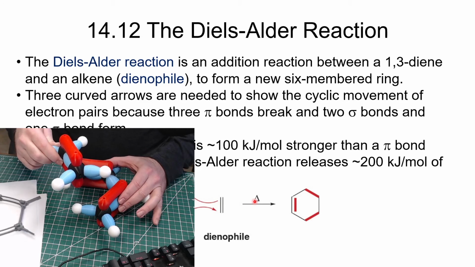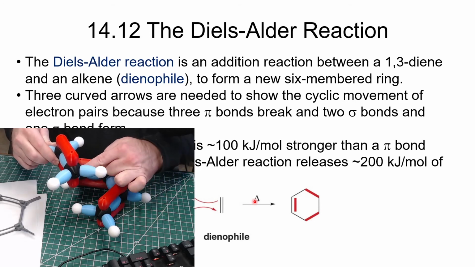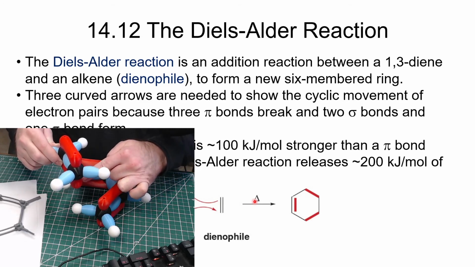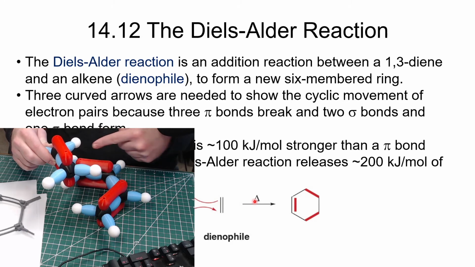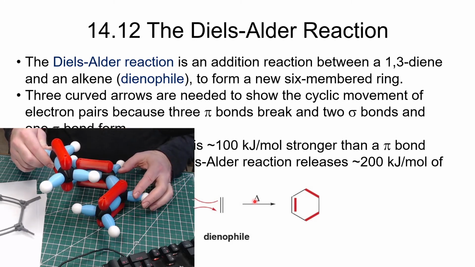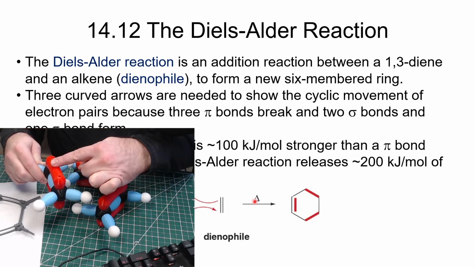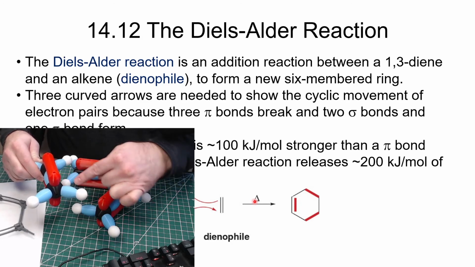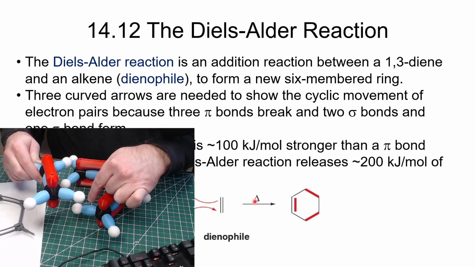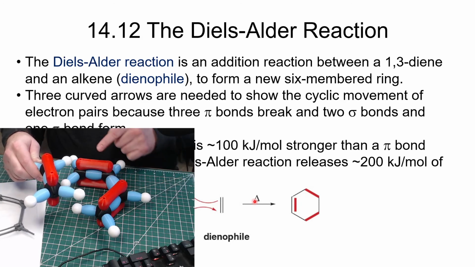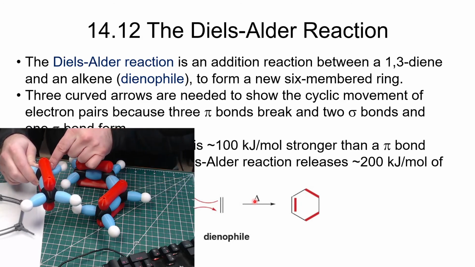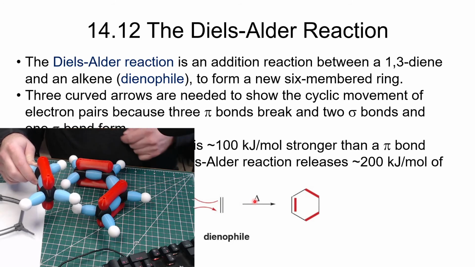And again, it comes in above, and we start to get an overlap between the pi bond here and there, and the pi bond here and here. And when we do that, the electrons will move around. So this pi bond will make a sigma bond in between these two carbons. This one will come over to make a pi bond between these two carbons. And this pi bond will go over to make a new sigma bond with this carbon.